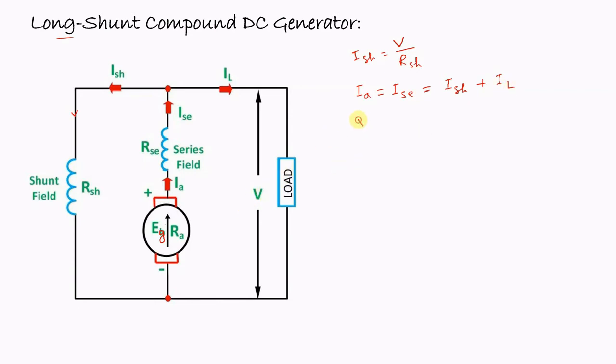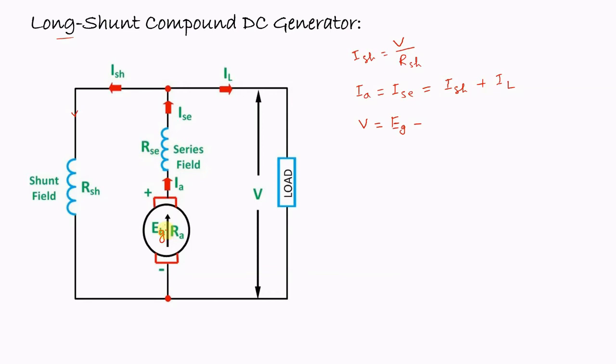The terminal voltage, that is the voltage across the load, will be equal to the generated EMF minus the voltage across the armature winding resistance plus the voltage across the series field winding resistance.